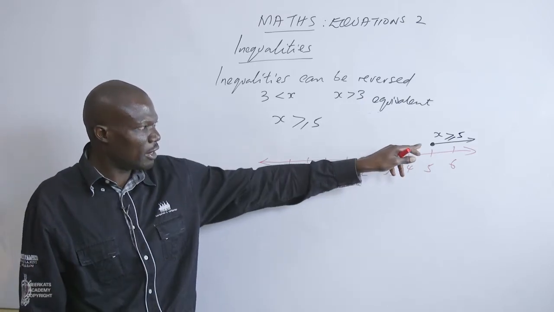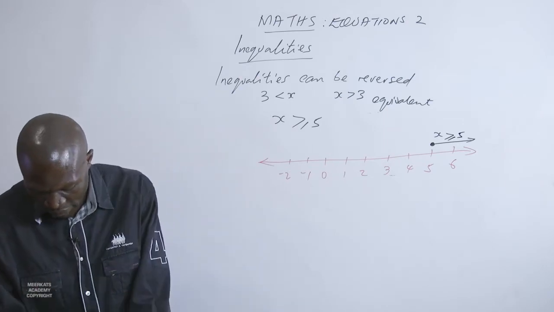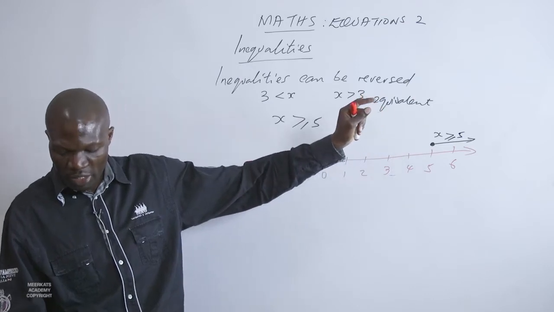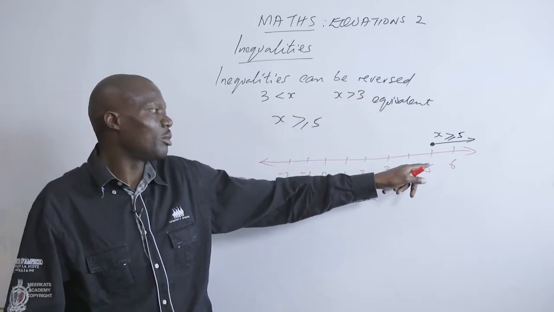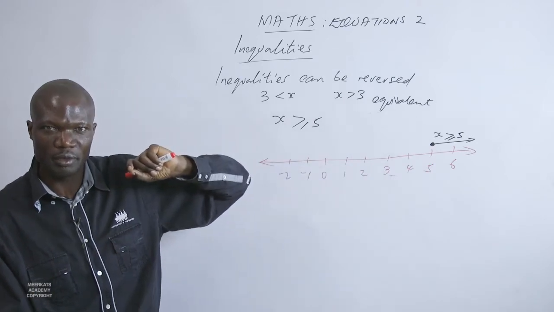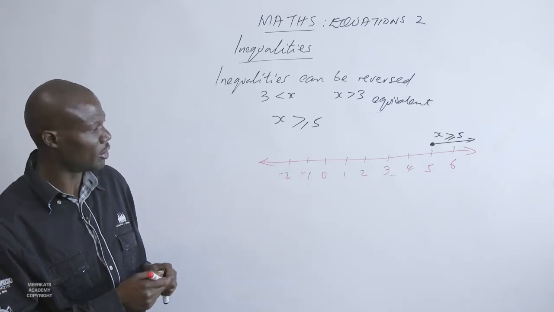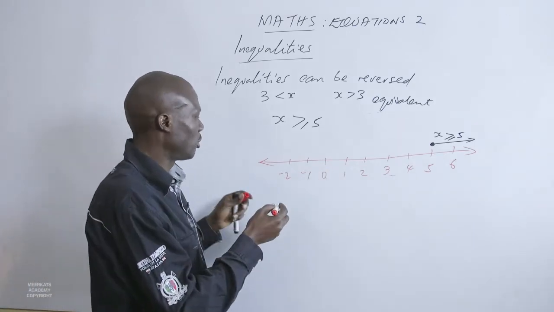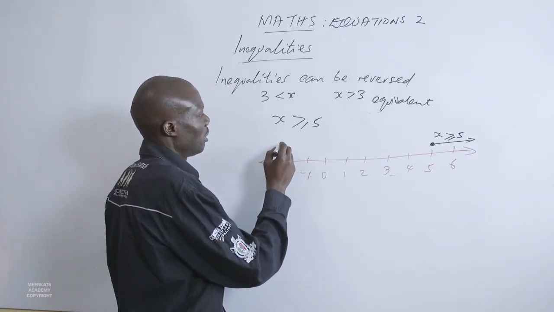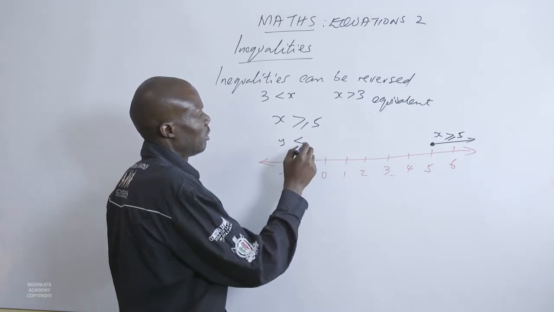Now, there is something about the shaded part, or what I'll call a closed circle. When the circle is closed, it means that point is included. But when it is not closed, let us see. I'll use the same number line to represent the information: y is less than 4.